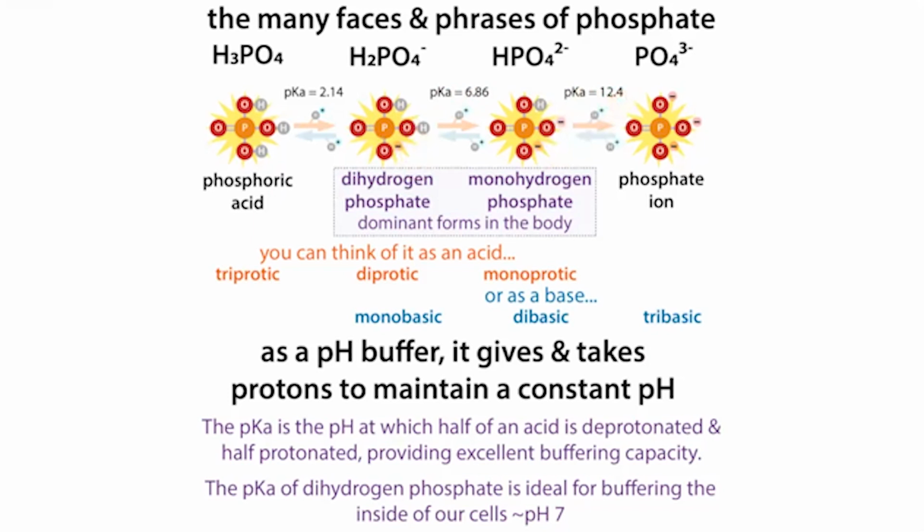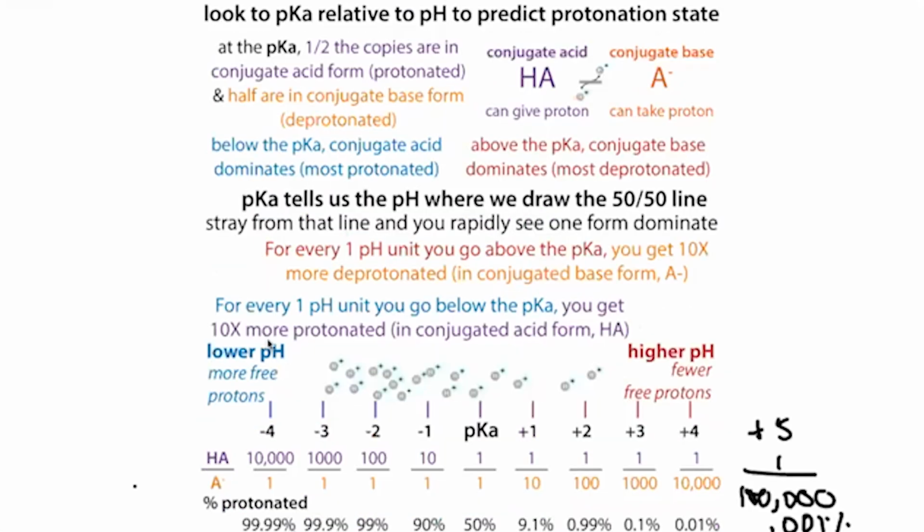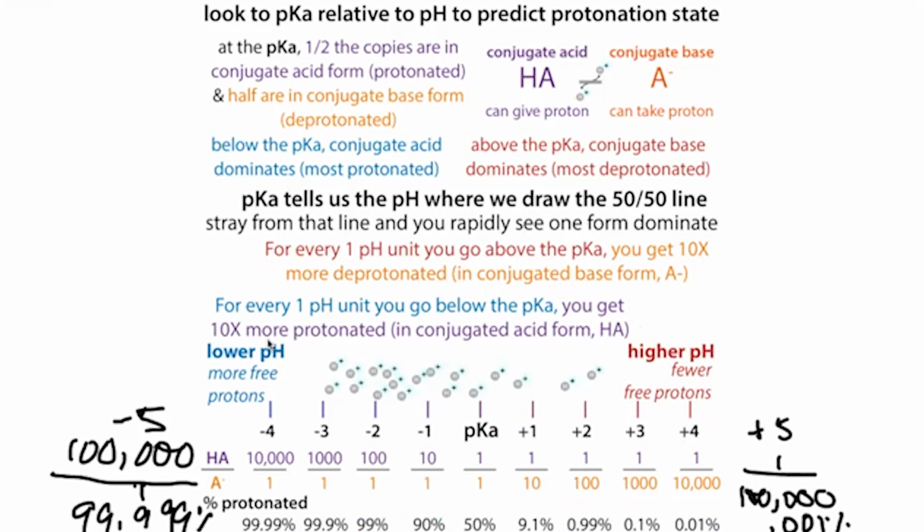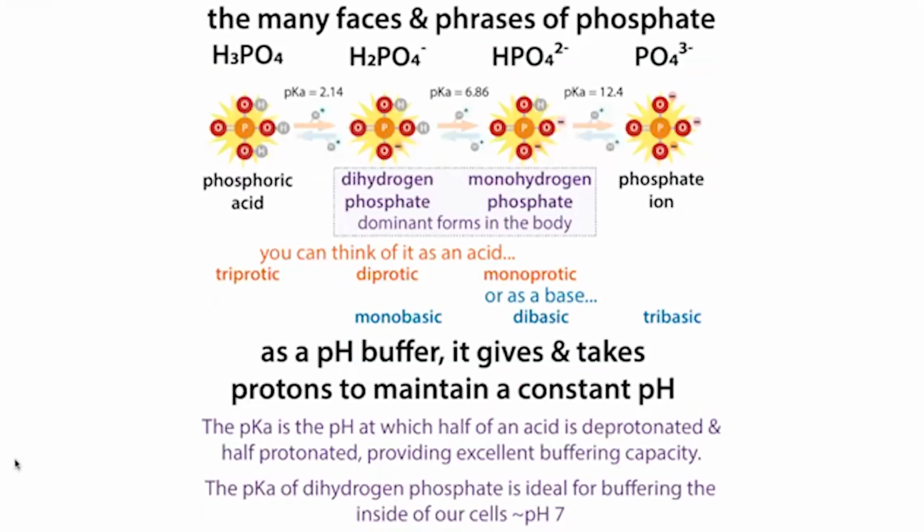So at a pH of about 7.4, we're actually going to be below the pKa, about 5 units below the pKa. And so once again, if I extend my scale, we're going to have 100,000-fold more of the acid than the base, and about 99.999% of it will be protonated. So when it's protonated, it's in the conjugate acid form, and we're going to be dealing with this monohydrogen phosphate form when it comes to this equilibrium.